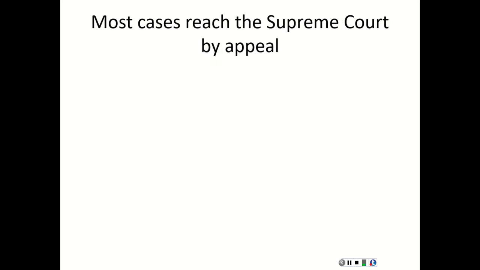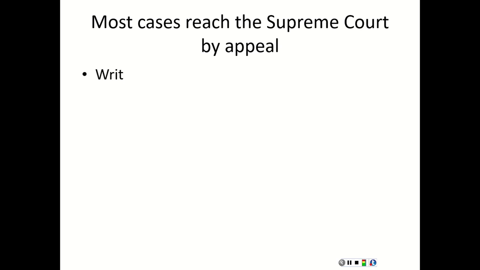Most cases reach the Supreme Court by appeal. We talked earlier, the Supreme Court has original jurisdiction, the Supreme Court has appellate jurisdiction. They don't use much original jurisdiction. Most of their cases come by appellate jurisdiction. But how does it get there?